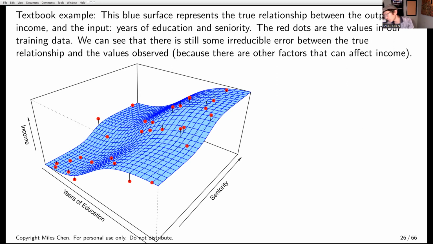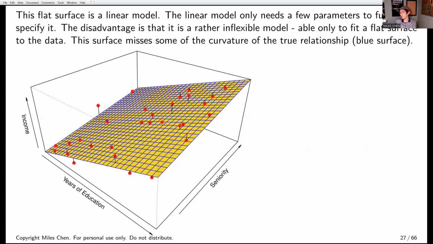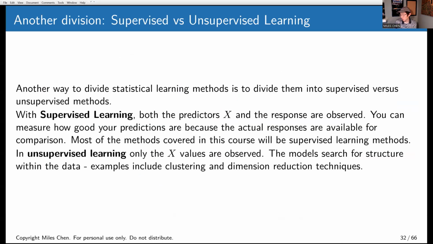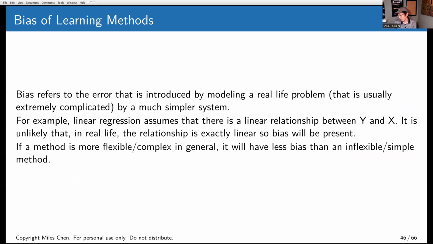No matter how good we get this, there's always going to be a difference between what a flat plane can do versus the true relationship. That difference, from using this much simpler system of a flat plane, is going to be the bias of the model.